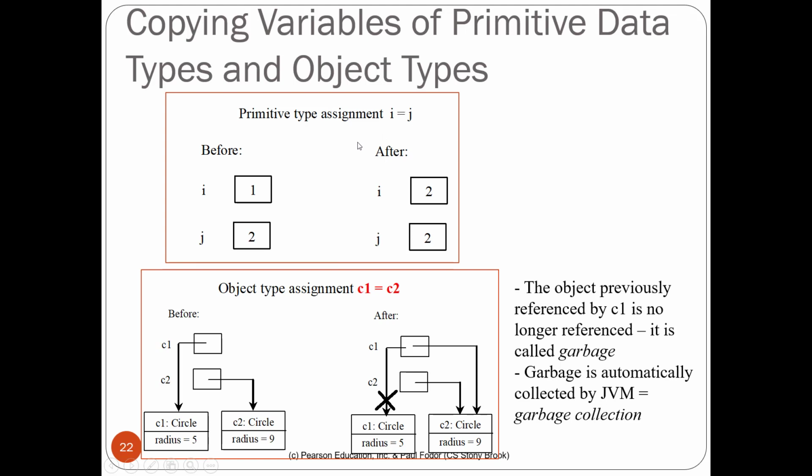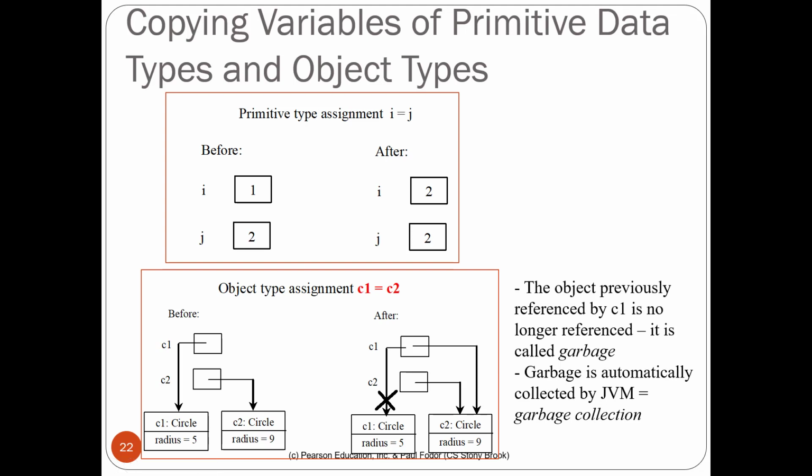But let's see what will happen if we try to do the same kind of assignment for the reference type. So here assume that C1 is the circle object which is holding the address or the reference of the circle with radius 5. And C2 is another reference variable which is holding the reference for a circle whose radius is 9. And we are doing C1 is equal to C2.